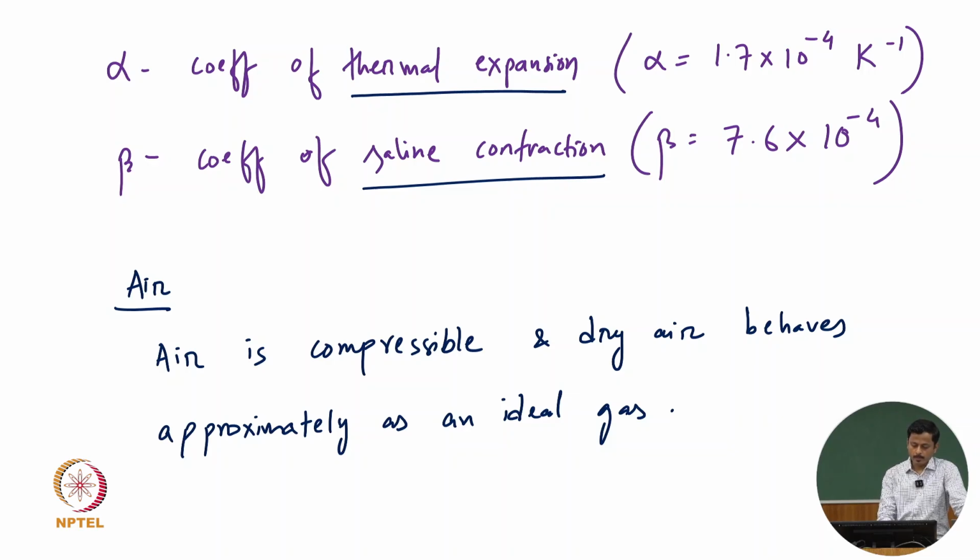Dry air behaves approximately as an ideal gas, hence we can write the density as P over RT.